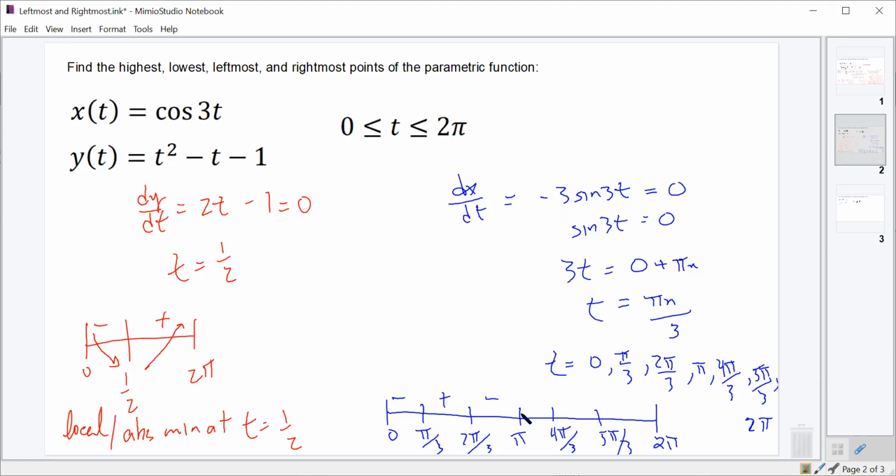And you'll probably note that this is just going to alternate back and forth every time. So if I go between pi and 4 pi over 3, that's going to be 7 pi over 6, which will give us 7 pi over 2 when we multiply by 3, which is the same as 3 pi over 2, which is negative, times another negative is a positive. And same thing here, going to go negative and then go positive.